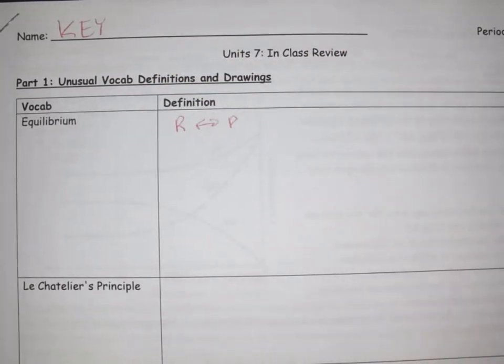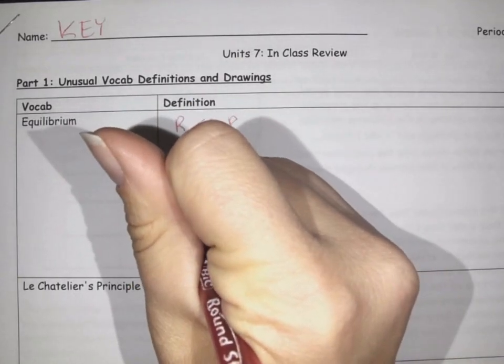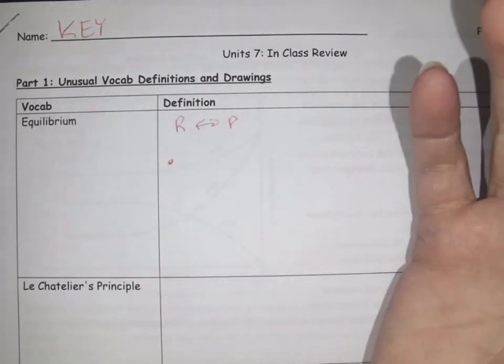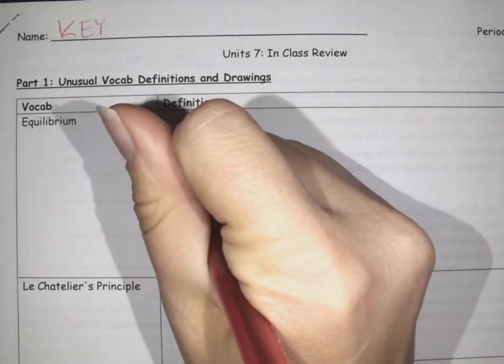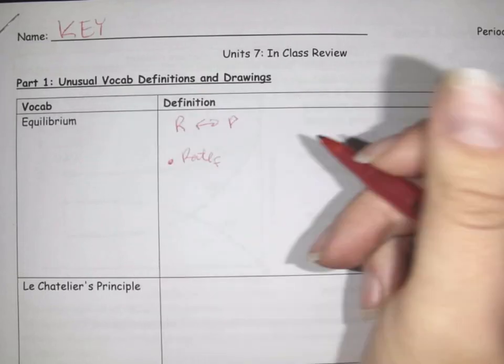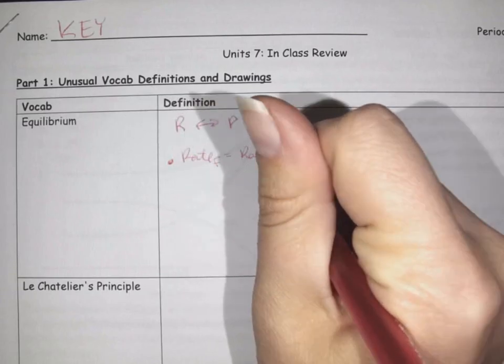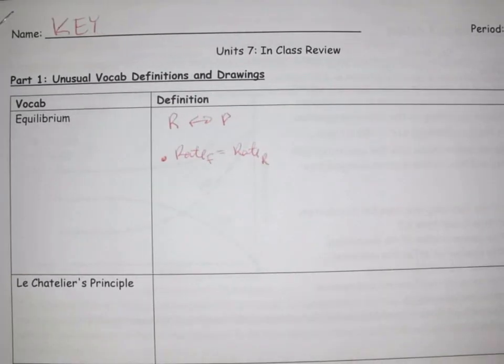When it's reversible like that, then we will reach equilibrium. In order for the requirements of equilibrium to be reached, we need to have the rate of the forward reaction equal the rate of the reverse reaction.